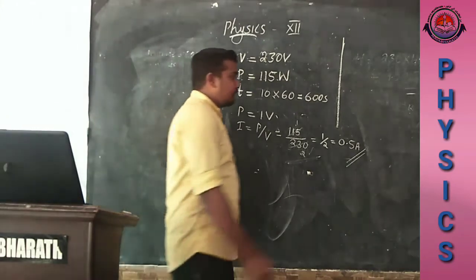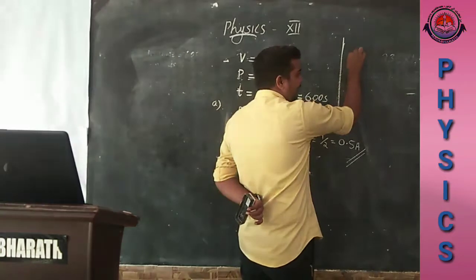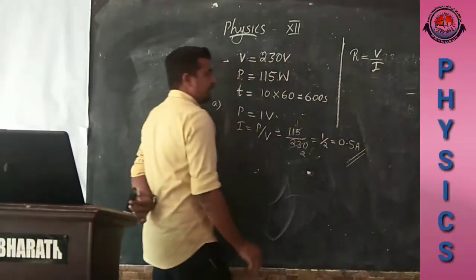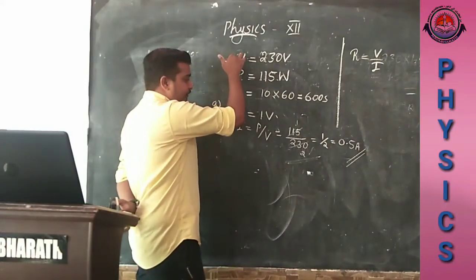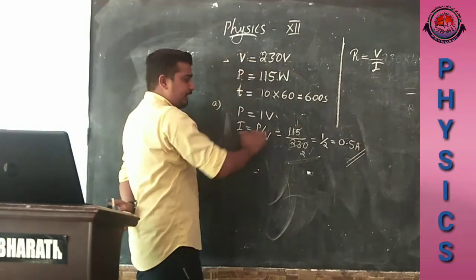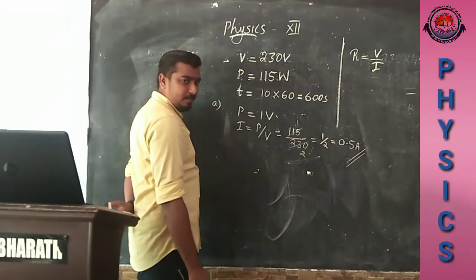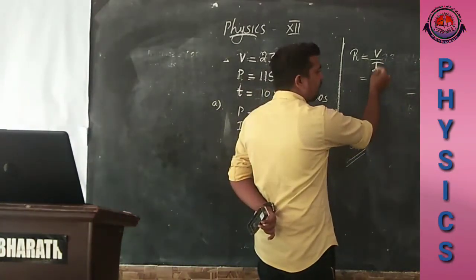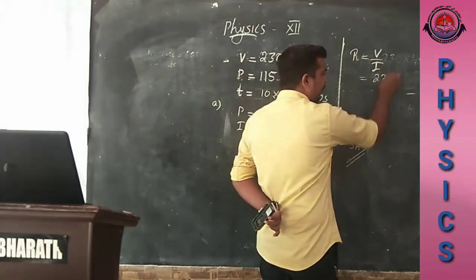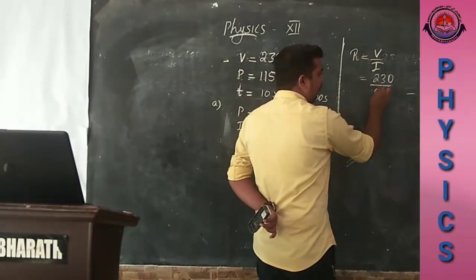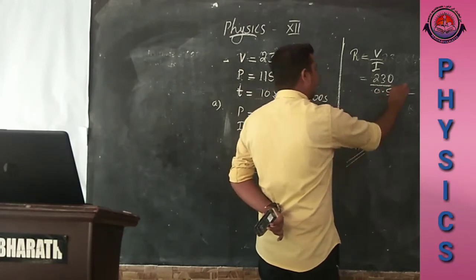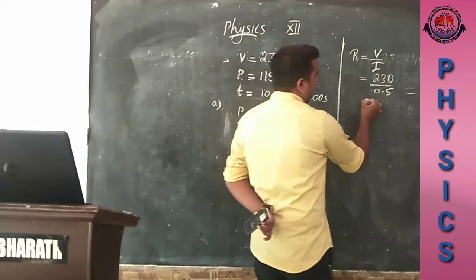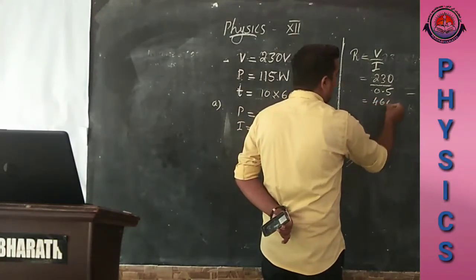According to Ohm's law, R equal to V by I. In this question, we have V equal to 230, I equal to 0.5 ampere. Substituting those values, V equal to 230 divided by 0.5. What is the answer? This is 460 ohm.